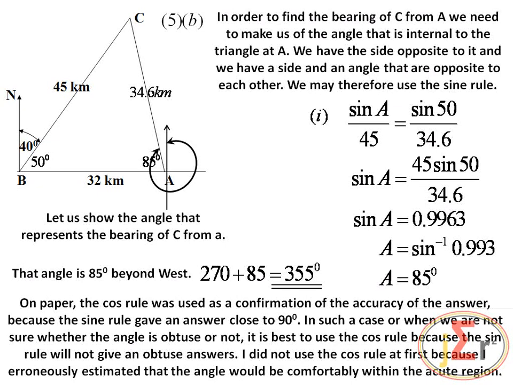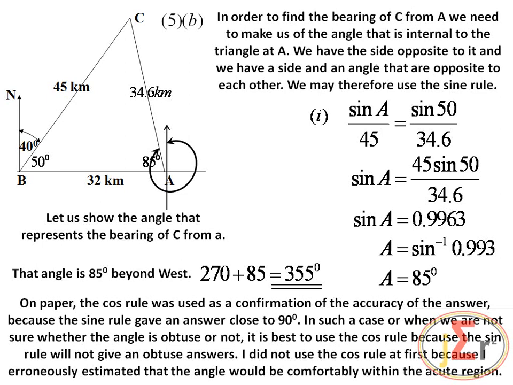I did not use the cosine rule at first because I erroneously estimated that the angle would have been comfortably within the acute region. What I'm saying is that you should not use the sine rule if you are not sure whether or not the angle is acute. You should use the cosine rule.